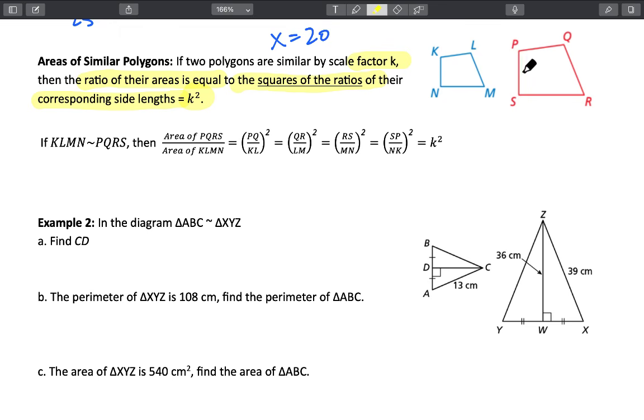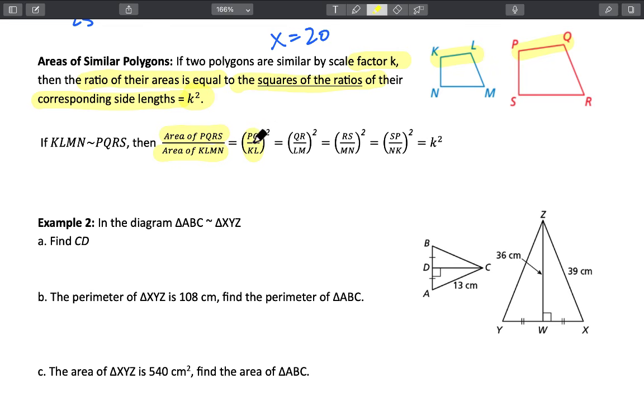So let's take a look at these two similar polygons again. KLMN, that's the one on the left here in blue. PQRS, the bigger one here on the right. If we take the area of the larger one, PQRS, divided by the area of the smaller one, KLMN, it should be equal to the square of the ratio of the corresponding sides, PQ over KL.